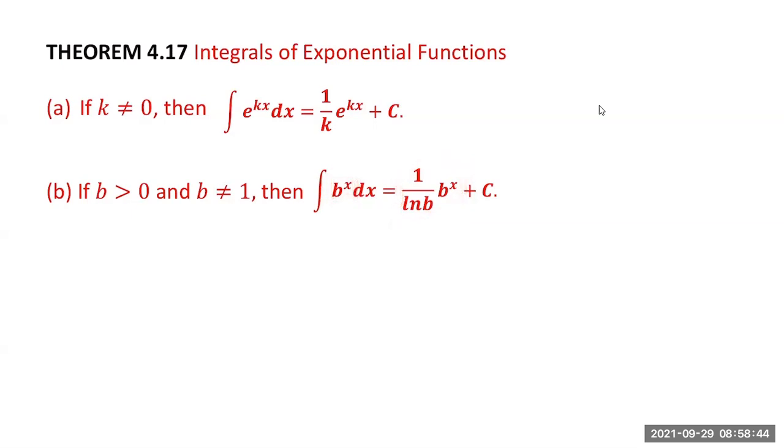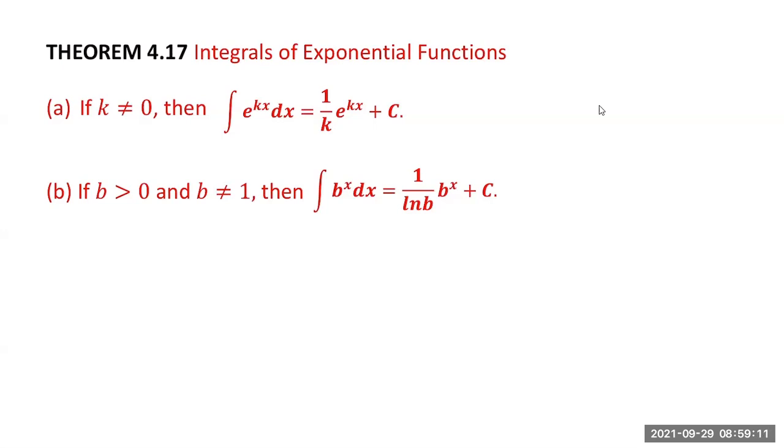That's clear here. If you differentiate this one, you get b to the power x back. That means this is an antiderivative of b to the power x. So the family of antiderivatives will be given by that particular antiderivative plus a constant. All right.